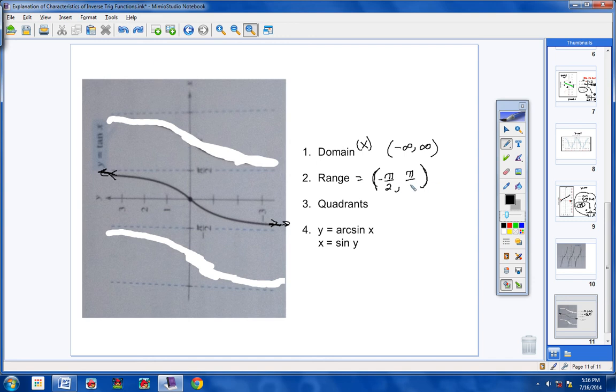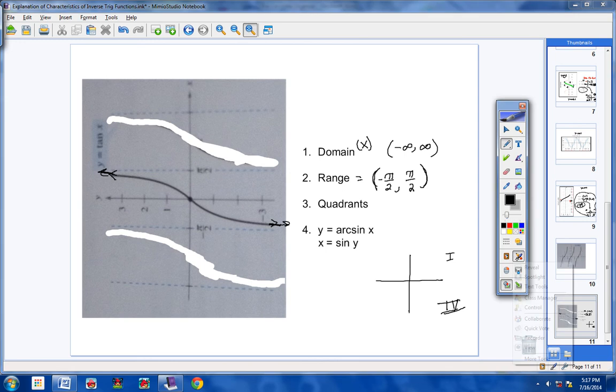Now the quadrants, okay, think about this for a second. If you know that your range goes from negative pi over 2 to pi over 2, then our quadrants are pretty obvious. We're going to use quadrants 1 and 4, just like we did also for our sine function.